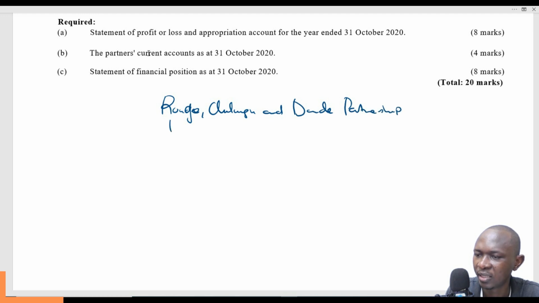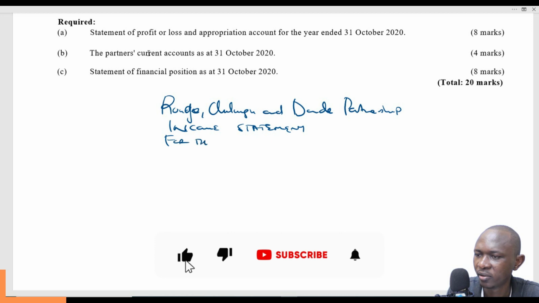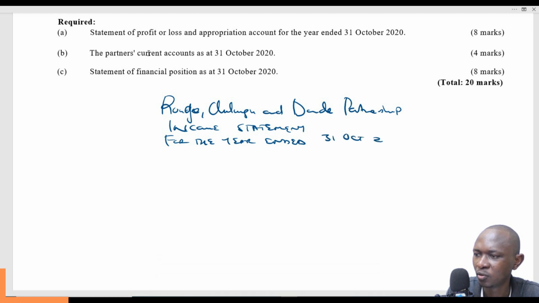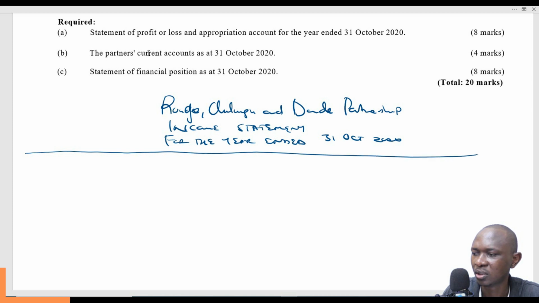Then we say income statement for the year ended 31st October 2020.